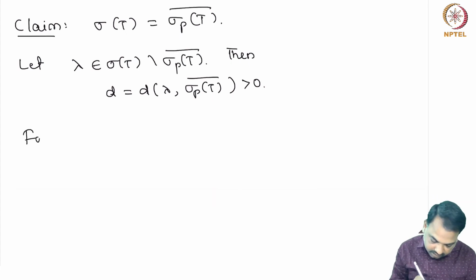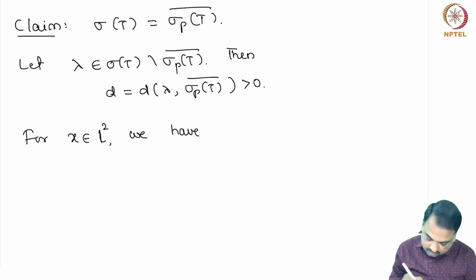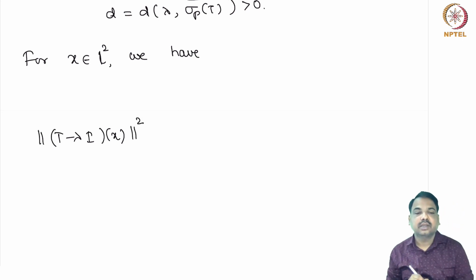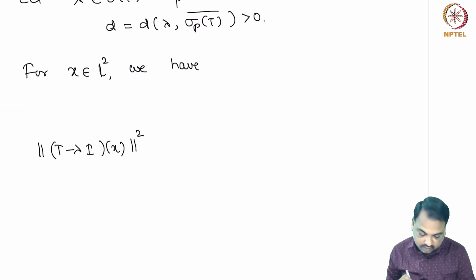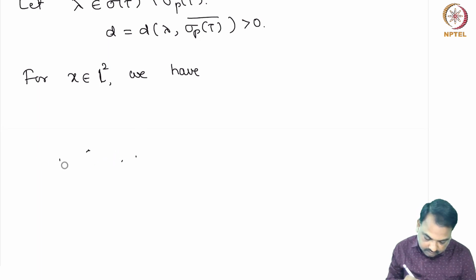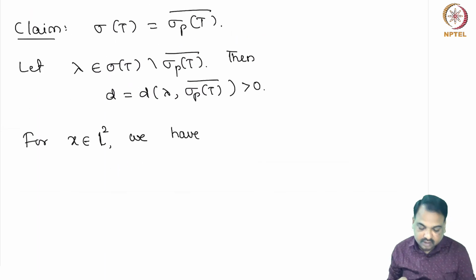Now our idea is to show that lambda cannot be inside the spectrum at all.